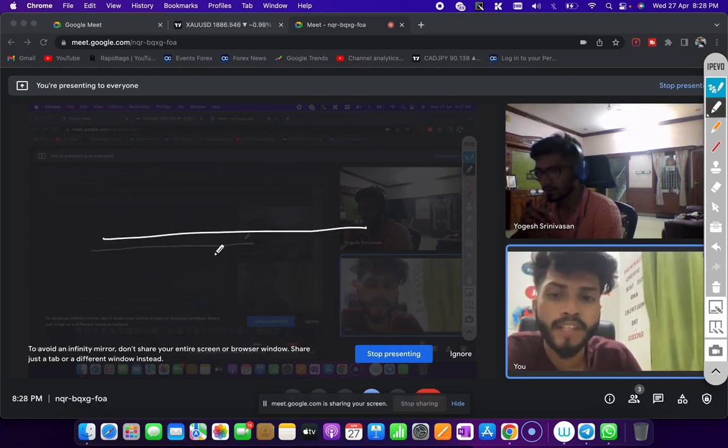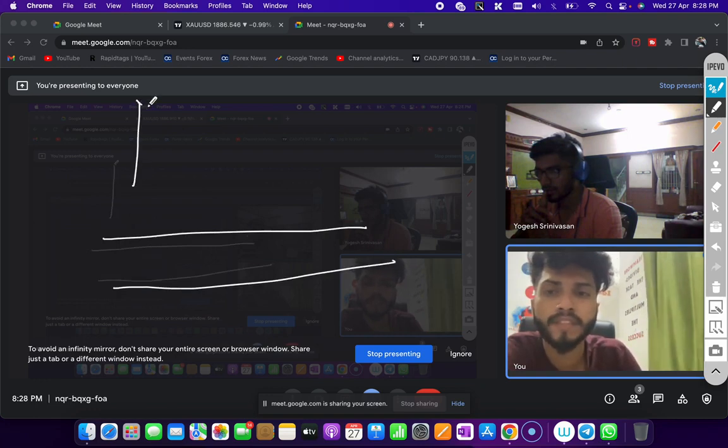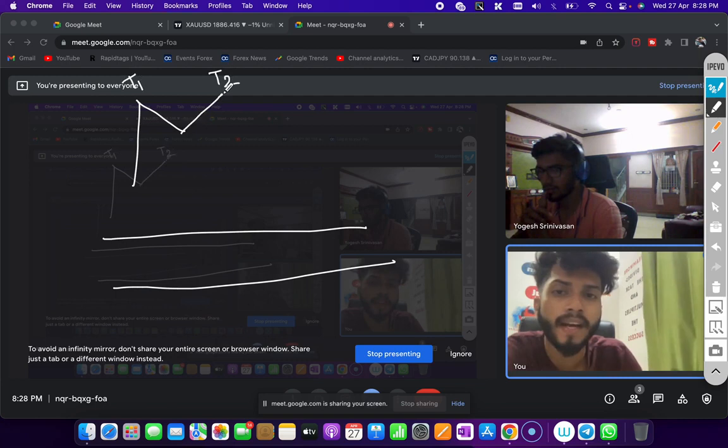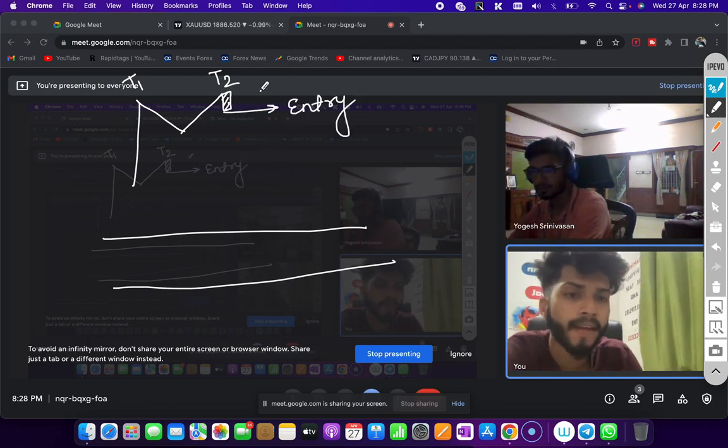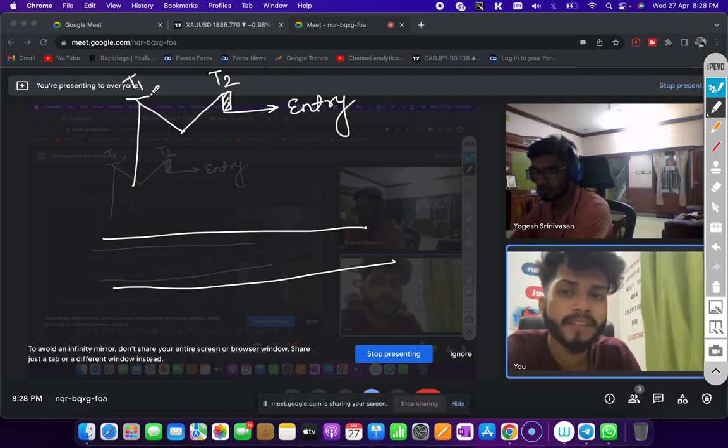What we will do? We will mark this as our T1 and this as our T2, and our point of initiation or entry of the trade should be this particular level. And the stop loss level should be somewhere above this last swing.